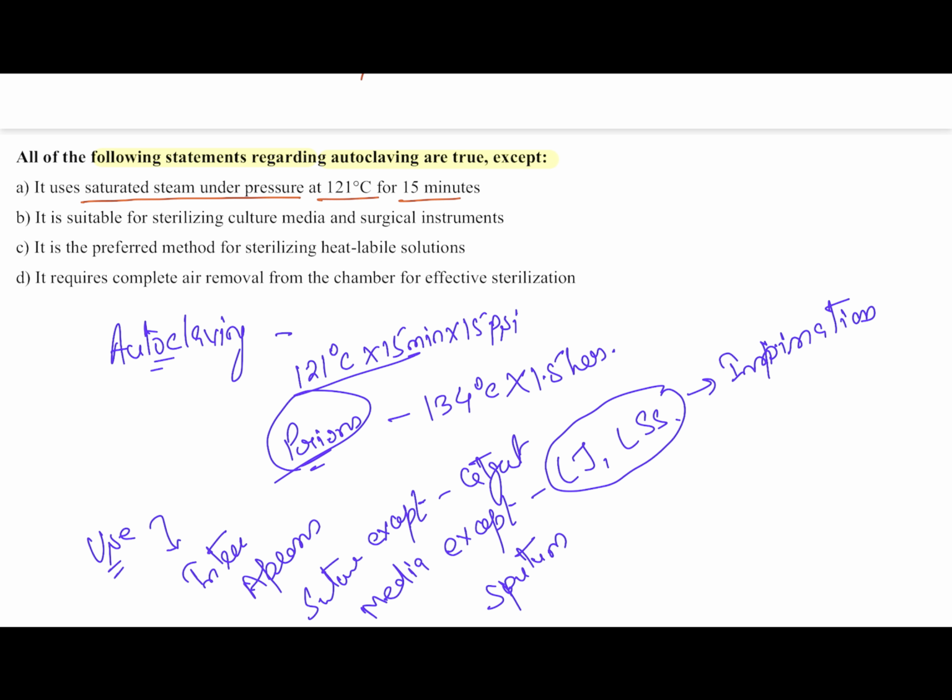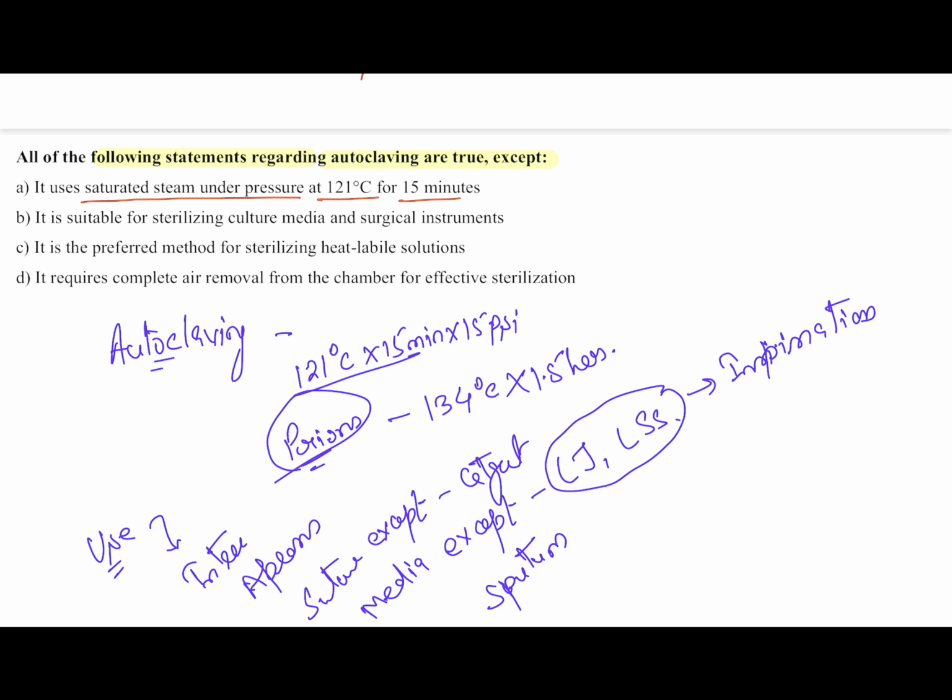It is the preferred method for sterilizing heat labile solution. I need to think. It requires complete air removal from the chamber for effective sterilization. Yes, we need to remove all the air, otherwise there will be no proper sterilization. So this will also be a correct answer.